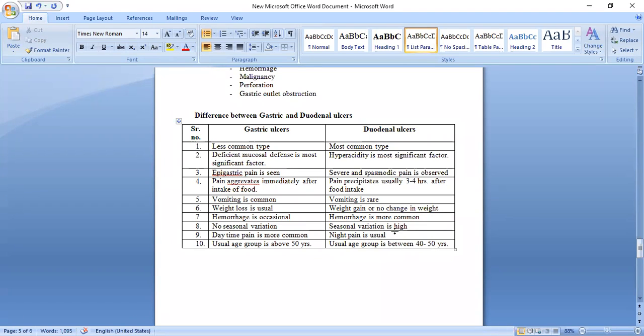In gastric ulcer, daytime pain is more common, because sometimes we are not eating, so the patient tries to eat here and there.